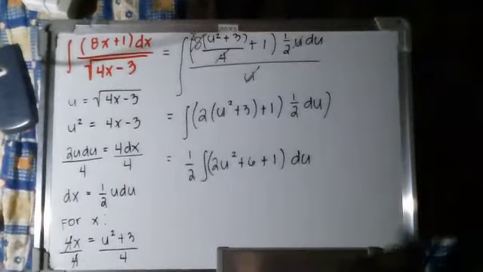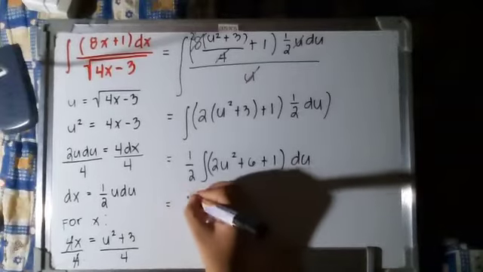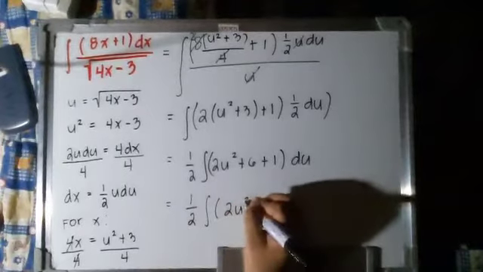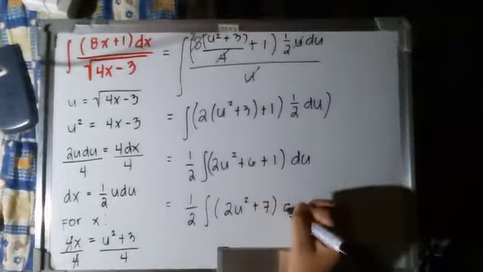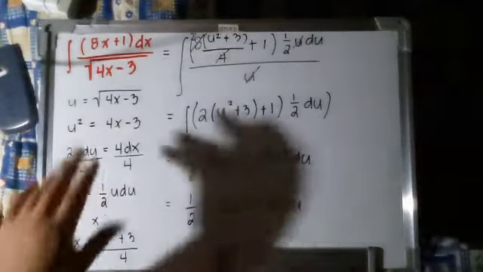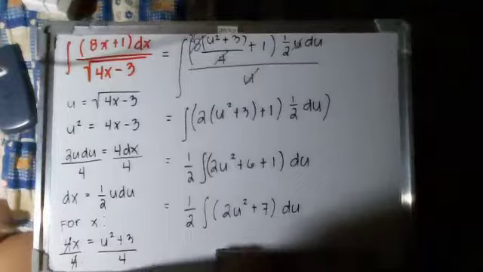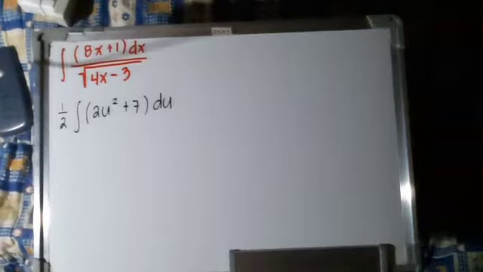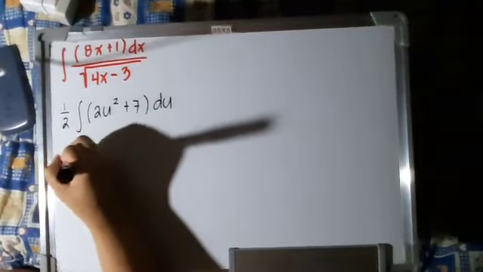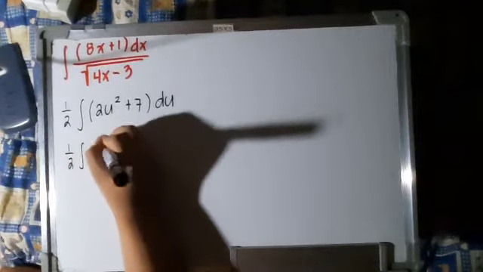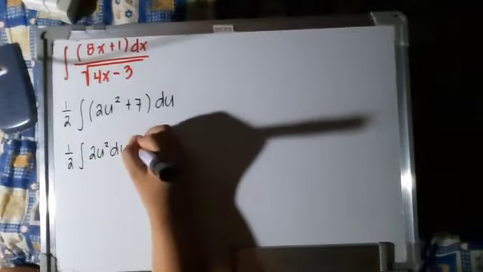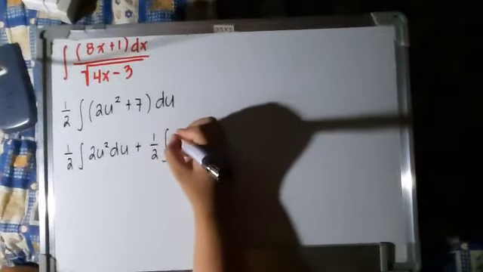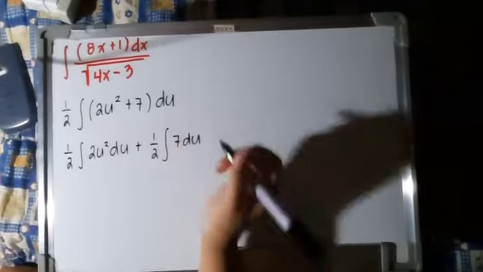So, next, simplify pa natin. This will be equal to 1/2 integral of quantity 2u squared plus 7 quantity du. Magbubura ako ulit, tataas ko lang 'to doon. Replay na lang kapag meron kayong steps na na-miss. So, yan. Integrate na lang natin term by term. So, this will be 1/2 integral of 2u squared du plus 1/2 integral of, diba may nakalabas tayong 1/2, so distribute lang yun, 7 du.